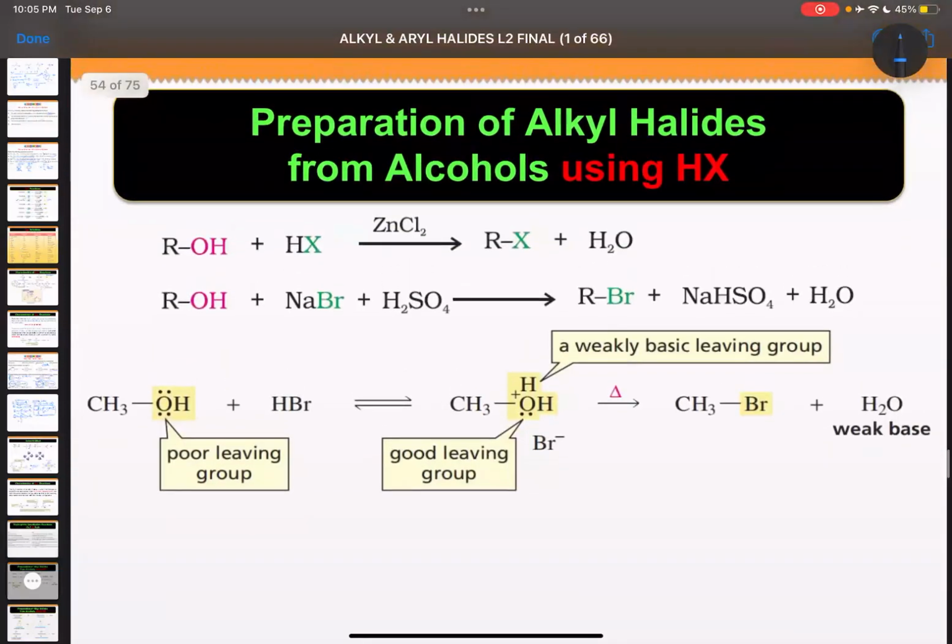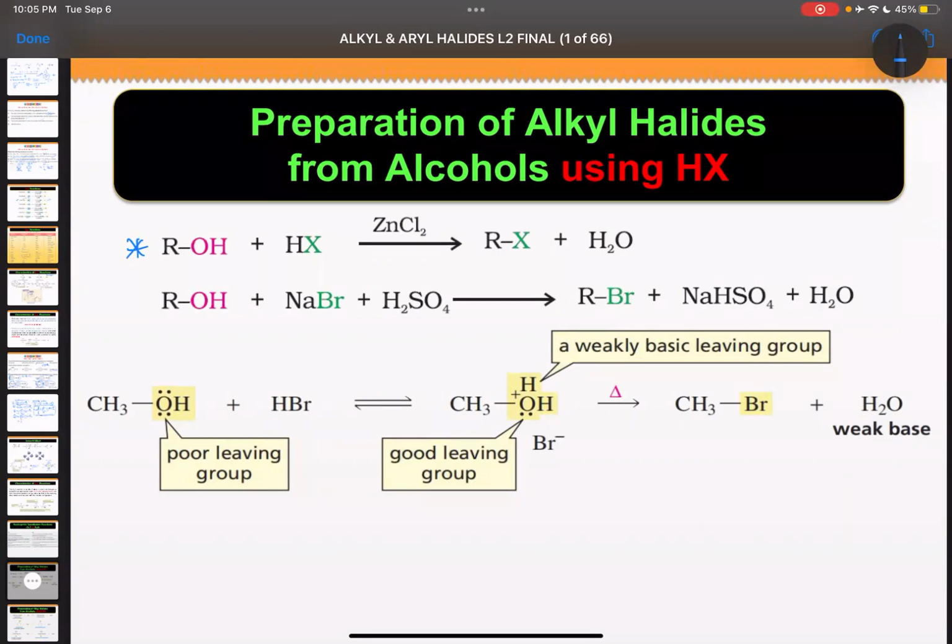So let's do the preparation of alkyl halide, but from the point of view of SN1 and SN2. We need to see, which reaction is this?